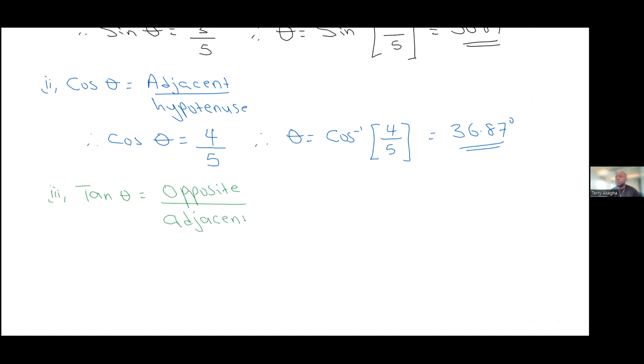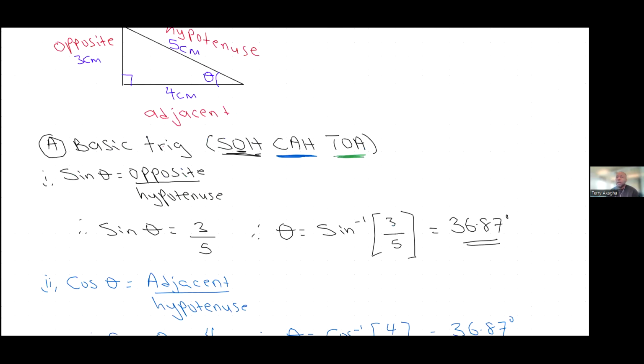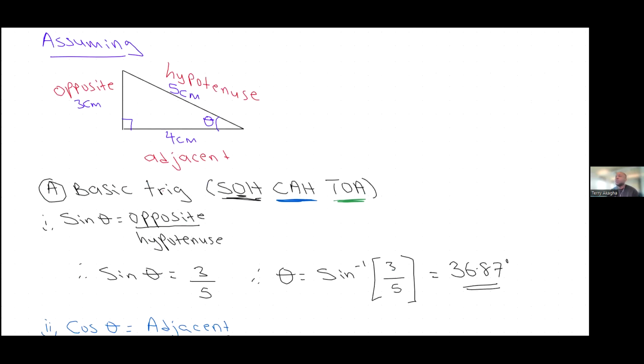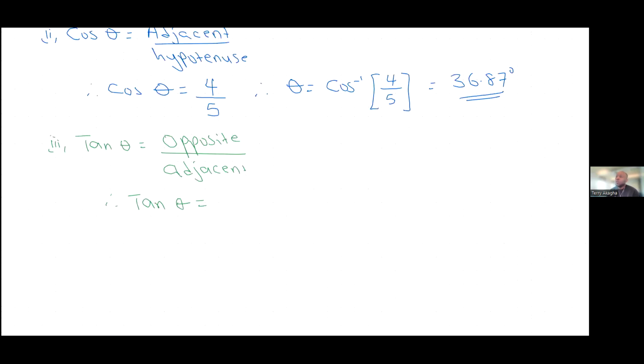So tan theta will be equal to, what's the opposite here? The opposite is 3 and the adjacent is 4. So it's going to give us 3 divided by 4. So therefore, theta is going to be equal to the tan inverse of 3 divided by 4. And that will give you 36.87 degrees.